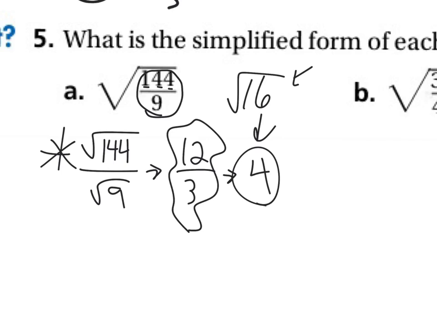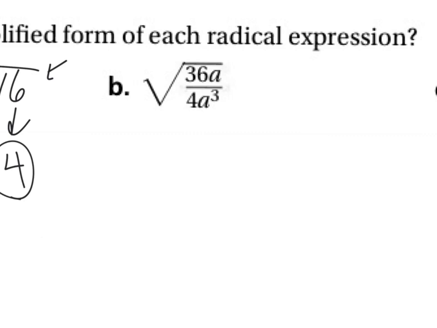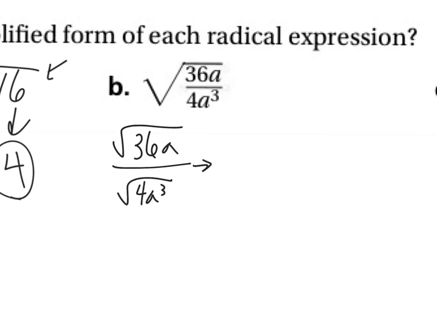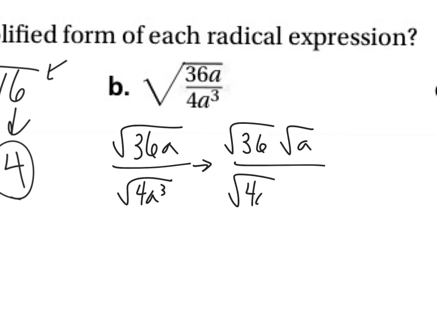So if we look at part B, one option here on part B would be to go ahead and split this up. And then after you do that, if you want to try and pull out perfect squares like we did earlier in the section, square root of 36 is 6.